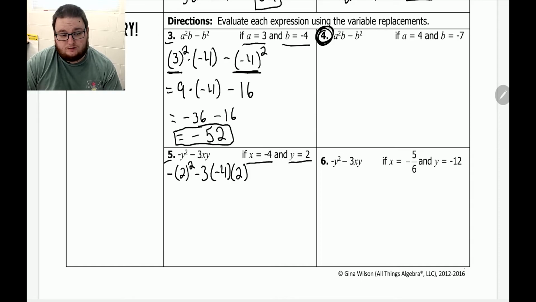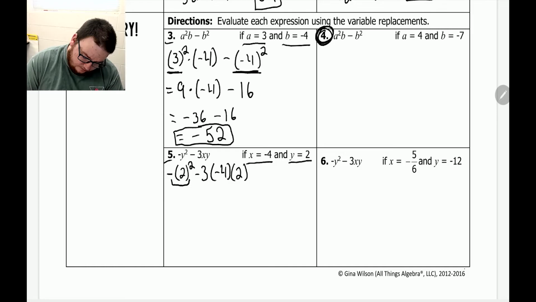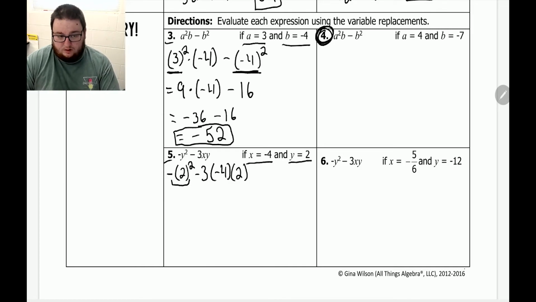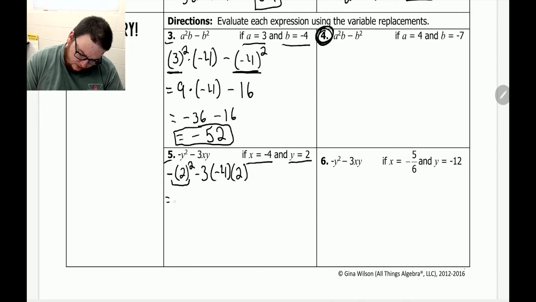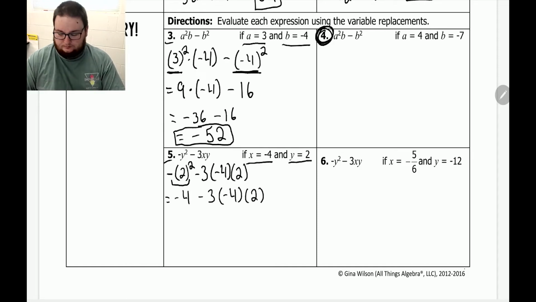Following order of operations, we don't have any parentheses with operations inside, so we're going to move on to exponents. We have one set of exponents, so we're going to work on those, and it's 2 squared. 2 times 2 is 4, so we have negative 4 minus 3 multiplied by negative 4 multiplied by 2. The next thing we have to worry about is multiplication or division, and we're going left to right.